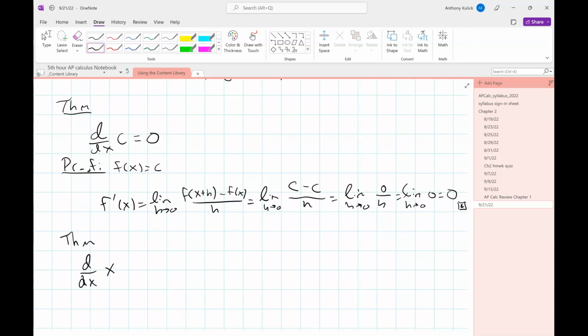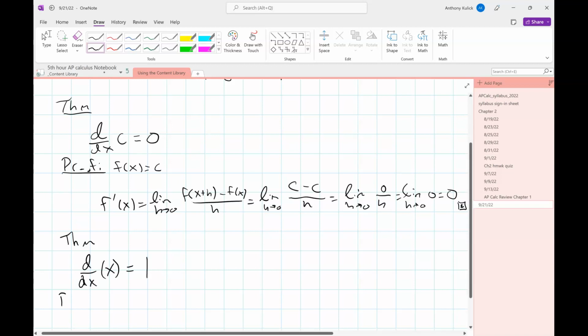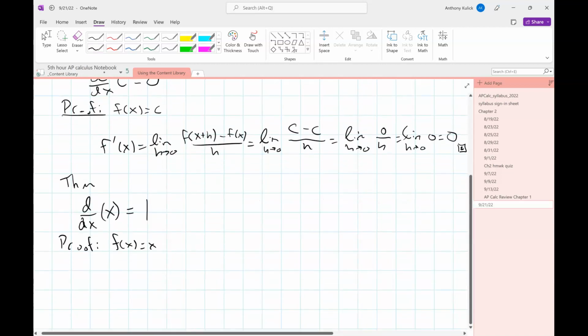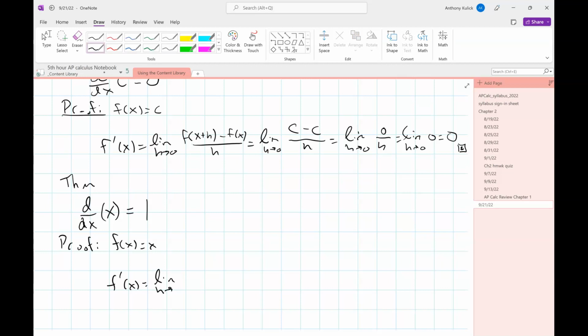The derivative of x is 1. Okay, well, let's prove that. How are we going to prove it? The definition of a derivative. You guys sensing a pattern here? No?